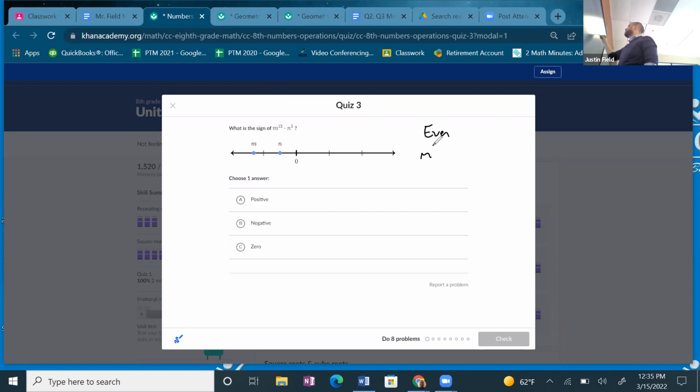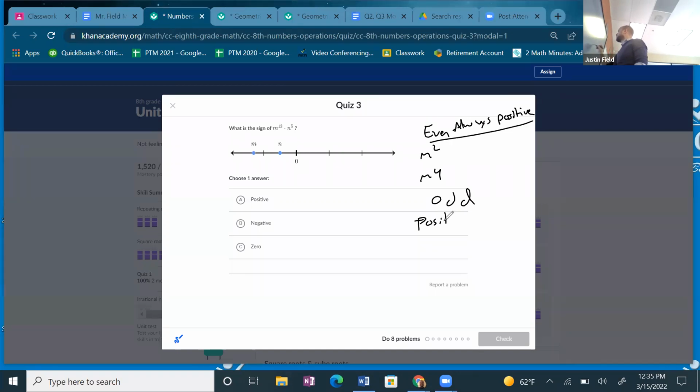So m squared, m to the 4th, those are always going to be positive, because a negative times a negative is a positive.